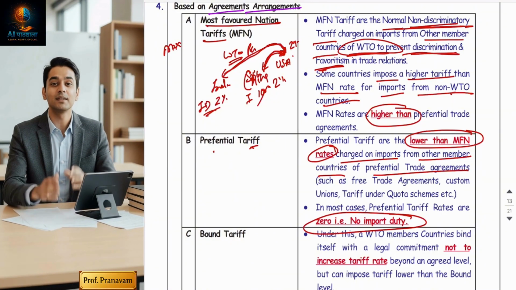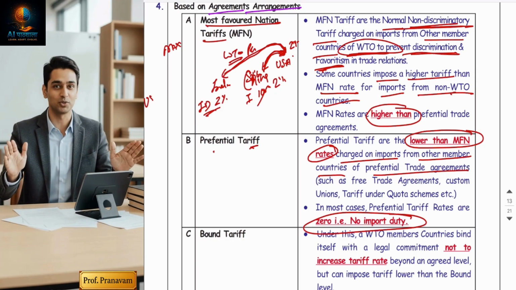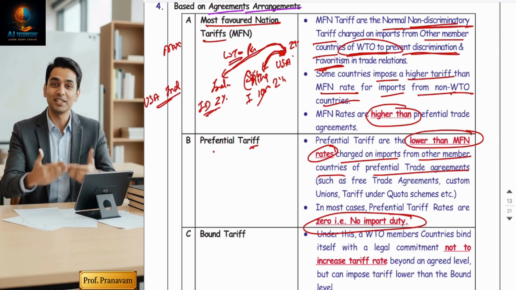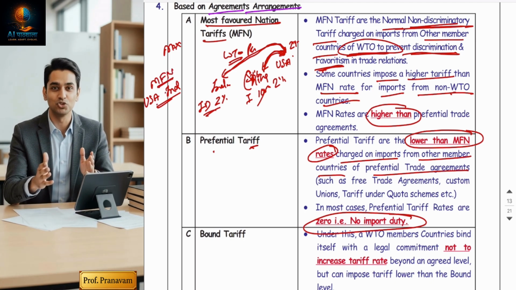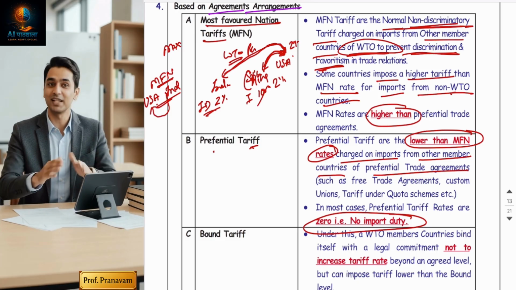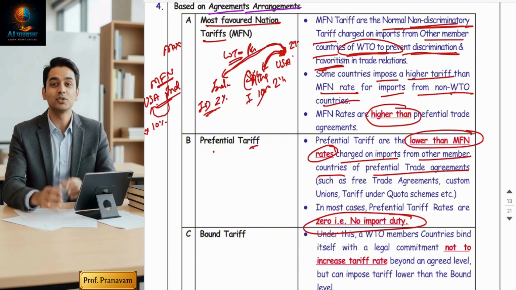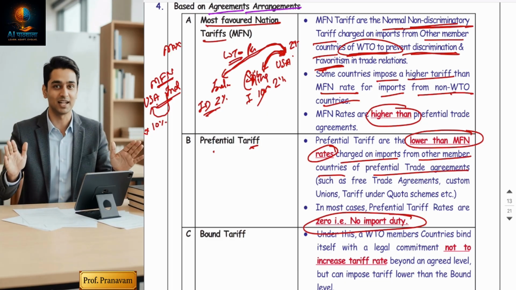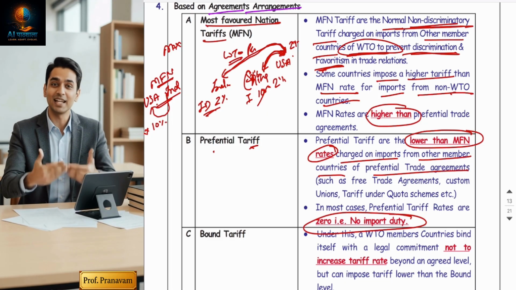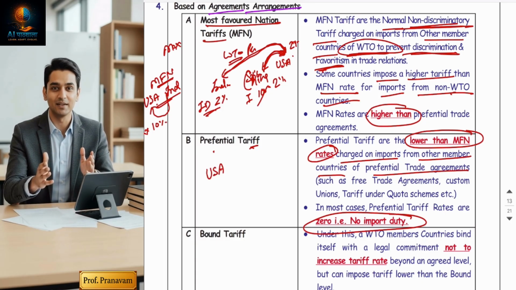Means it's called preference. Now, for example, China and US and India have signed a most favored nation tariff. US has told India whatever goods India is going to send to US, they will charge maximum 10% import duty. So this agreement has been done between US and India, right? So whatever goods India exports to US will be charged 10%. Now this is the max.